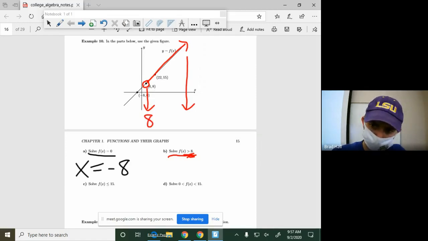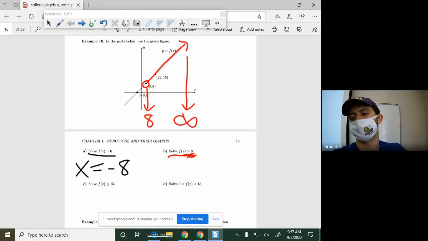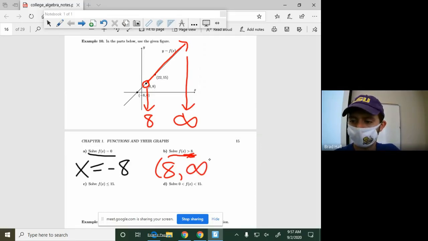That is 8. We go up here to the rightmost, I see an arrow. That means infinity. So we put a parenthesis for 8 because there's an open circle, and infinity also gets a parenthesis because infinity always gets a parenthesis. So that would be it for part B.